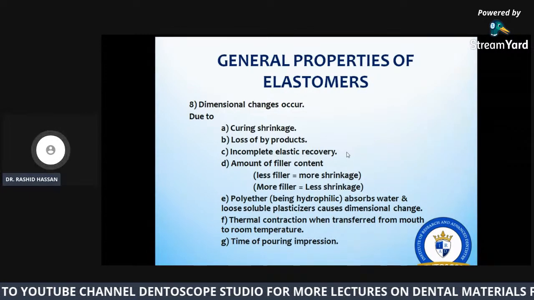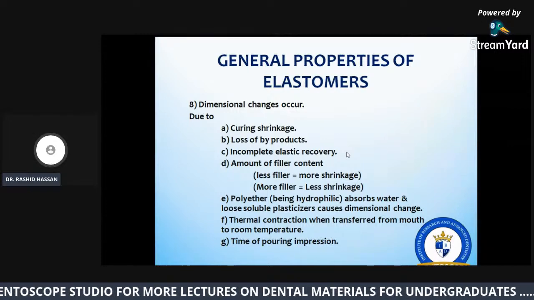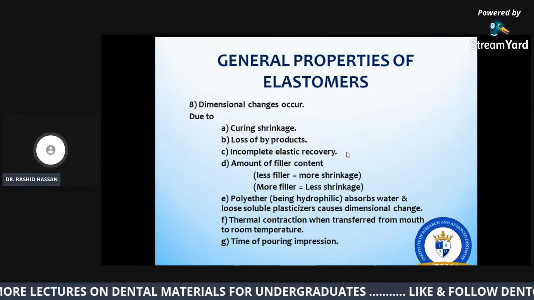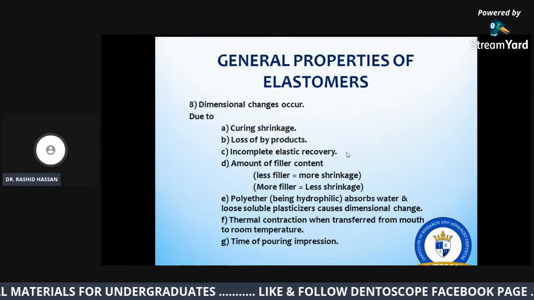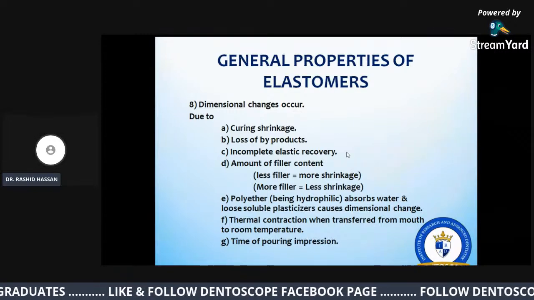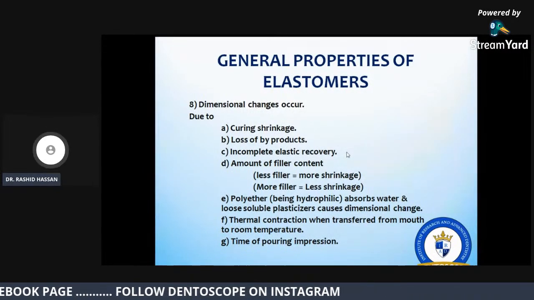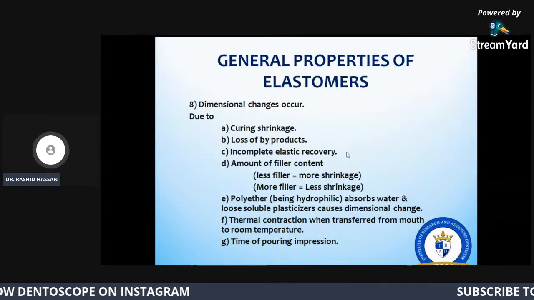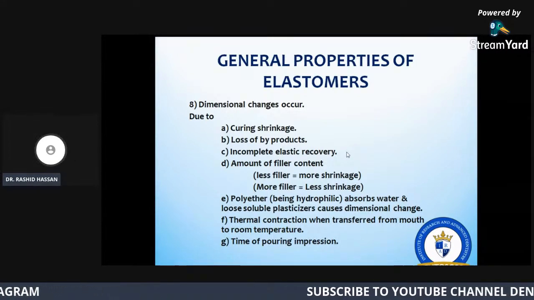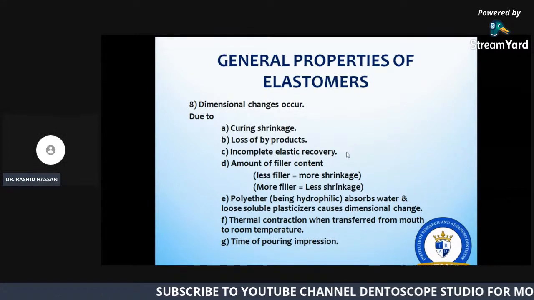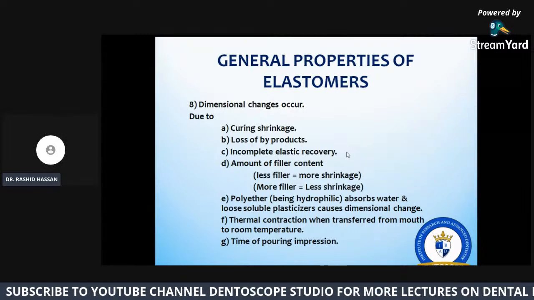Then there is a loss of byproduct. The byproduct is formed by the condensation polymerization reaction. Well, condensation polymerization reaction is the one in which water or alcohol is released as a byproduct, and due to this release of byproduct, the dimensional changes occur.